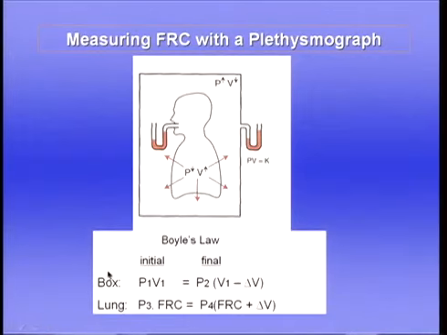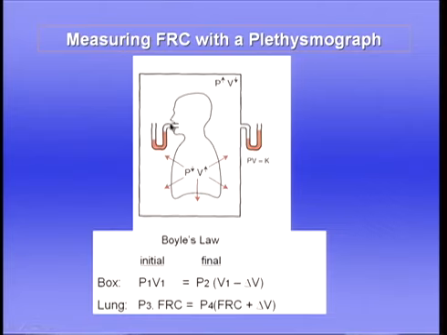For the box in this initial measurement, when the subject makes an inspiratory effort, the initial pressure and volume, P1 V1, is equal to P2, the pressure after he made the inspiratory maneuver, times V1 minus delta V, the original volume reduced by the volume that the lung changed, delta V. And from that, we of course can derive delta V.